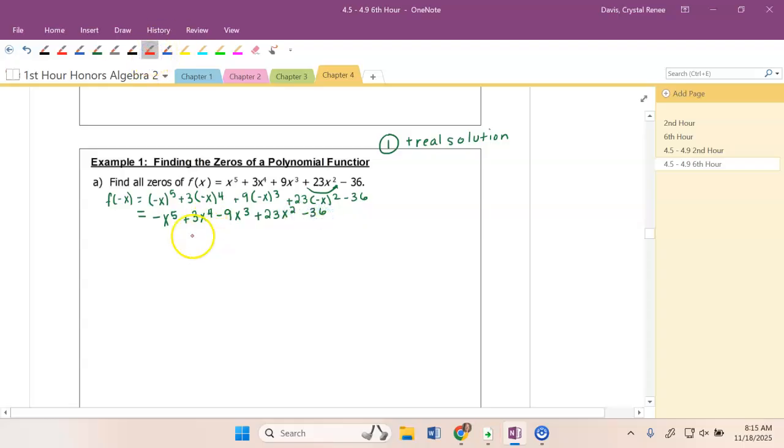Now I want to look at the sign changes: negative to a positive, positive to a negative, negative to a positive, positive to a negative. So this means that I have 4, or less than that by an even number, so 2, or 0 negative real solutions, with the rest imaginary.